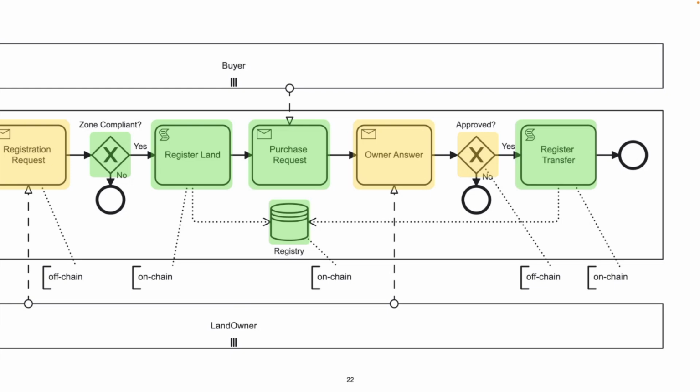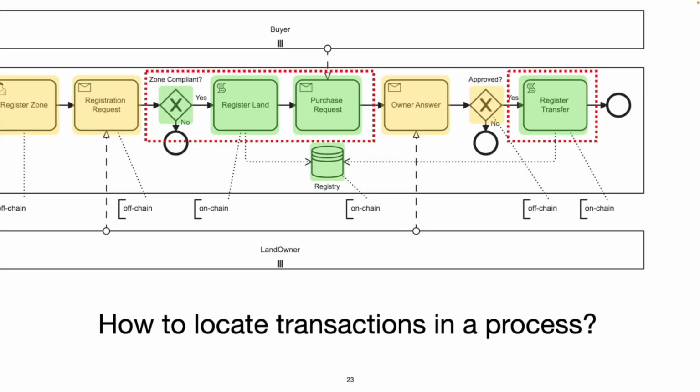Also, we don't know exactly how to locate a blockchain transaction in the business process. Here, for example, we don't know what exactly triggered this transaction, who exactly did it, where it starts, where it ends, and what it includes as execution logic.